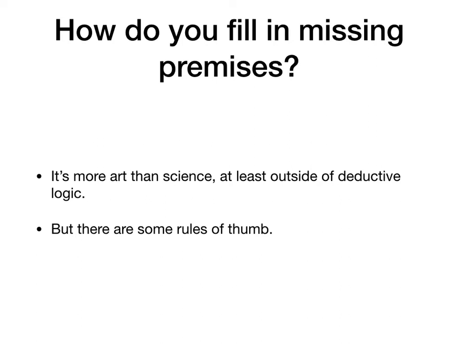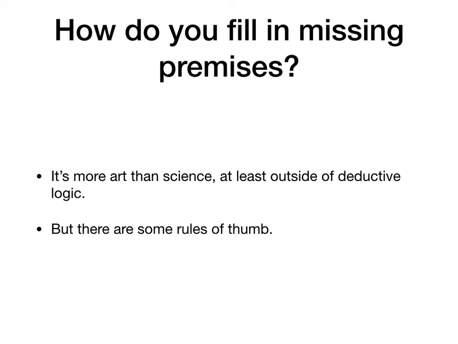But outside of deductive logic, and deductive logic is very useful, we'll talk about it, but it's also limited for reasons we'll talk about too. Outside of deductive logic, filling in missing premises is much more art than science. There's no exact mathematical procedure for most arguments.